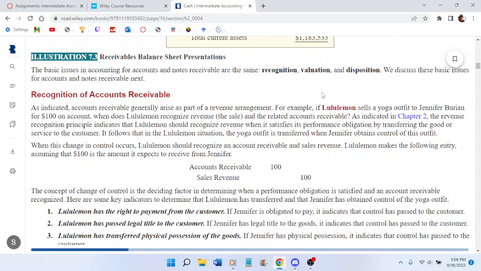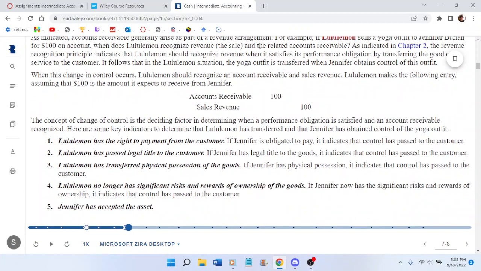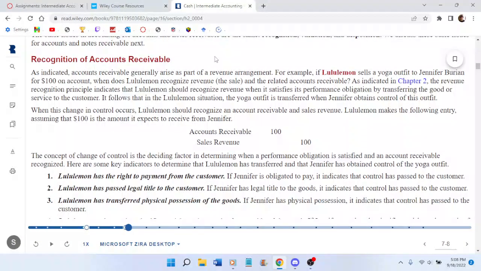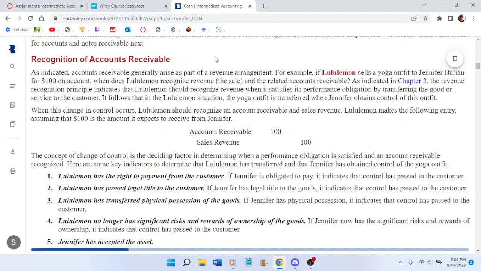The basic issues are the same: recognition, valuation, and disposition.